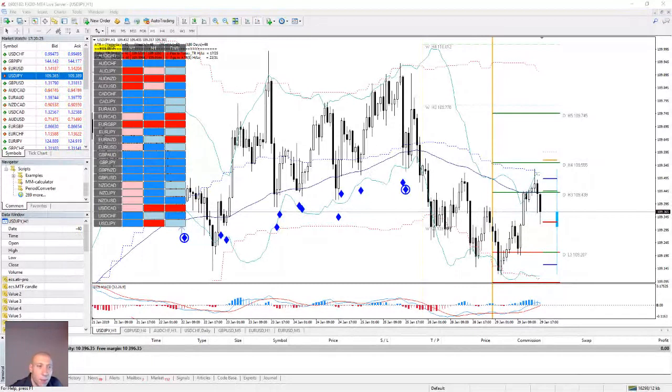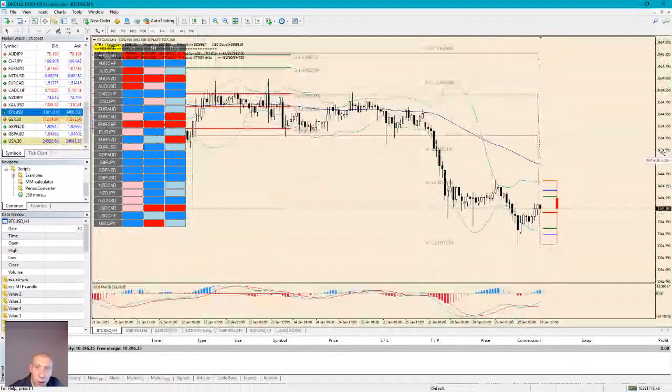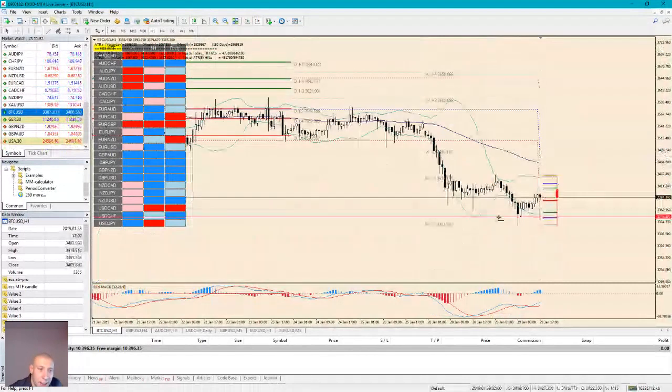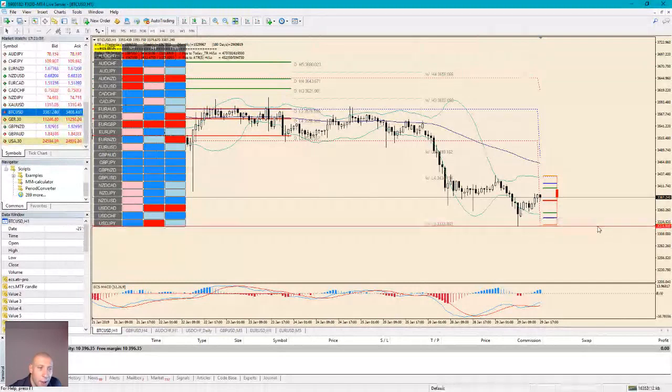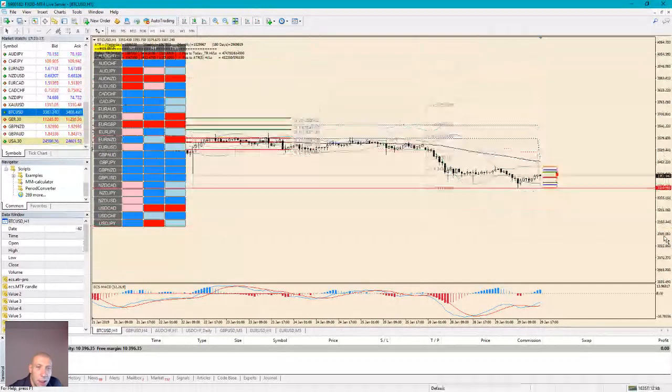What I said about Bitcoin dollar: only below this level will there be a continuation. So if you want to trade the Bitcoin dollar, mark this level, guys. 3325.69. Below this, okay, level here, it will be a continuation towards other levels.